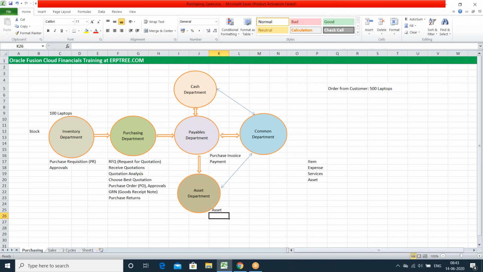So who has to inform the asset department? The payables department. The asset department will make a note of what they purchased and record it, and based on the usage, they'll calculate the depreciation.